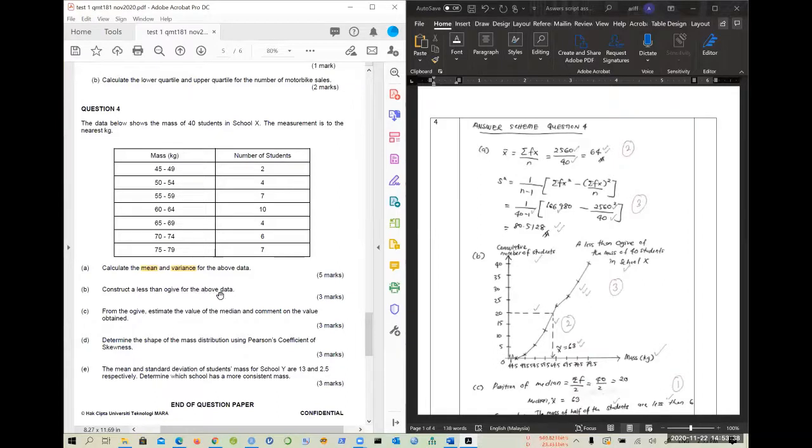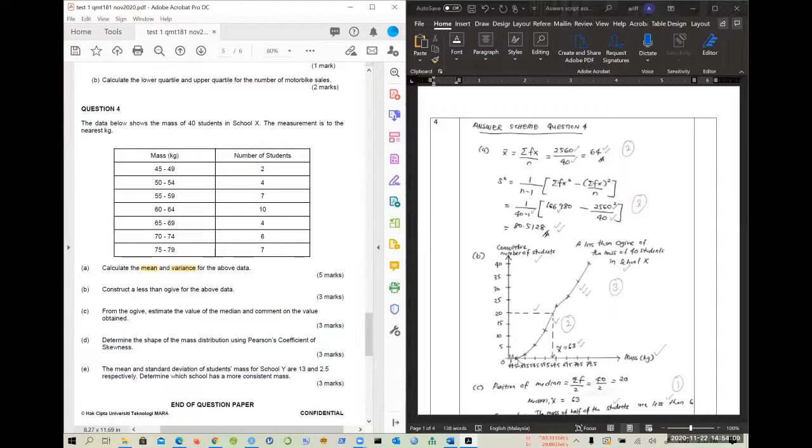And then the next one, you are asked to construct a less than ogive. So in order to construct a less than ogive, you need to use the lower boundary. So you need to find the lower boundary. That means the first one is 44.5. So that's why you have here at the bottom, 44.5. The x-axis starts with 44.5 with 0.